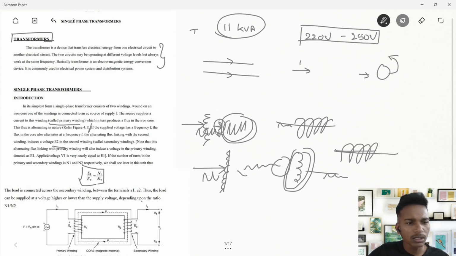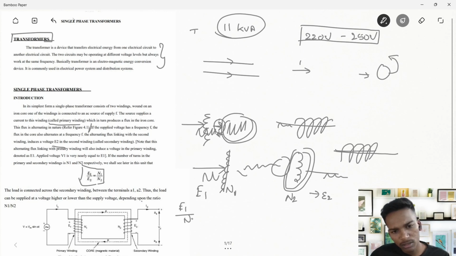If the number of turns in the primary and secondary coils are N1 and N2 respectively, we shall see later in this unit that if we have N1 turns in the primary coil with E1 voltage applied, and N2 turns in the secondary coil with E2 voltage out, then E1 by N1 equals E2 by N2. It is further modified as E1 by E2 equals N1 by N2.